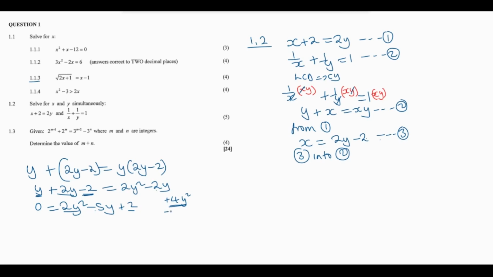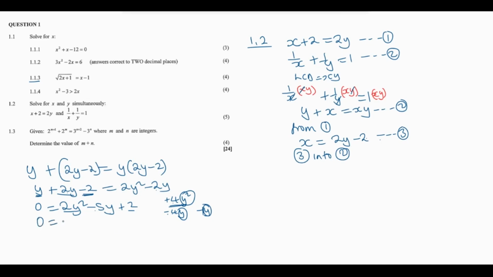So it should be negative 4y and negative 1y. Negative 4y times negative 1y is positive 4y squared, and negative 4y minus y is negative 5y. Sometimes we just do it without putting the y's, just dealing with the numbers. So what we do now, we replace this negative 5y with negative 4y and negative y.